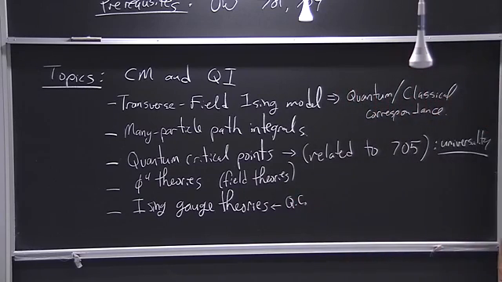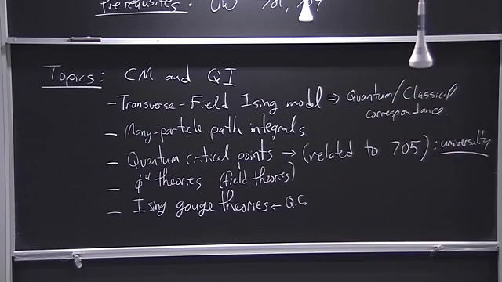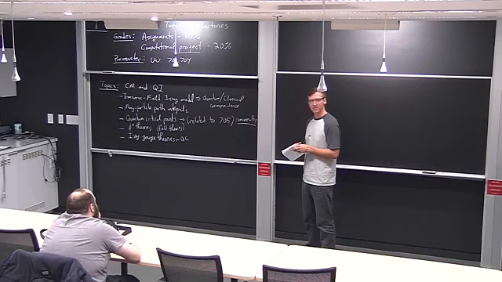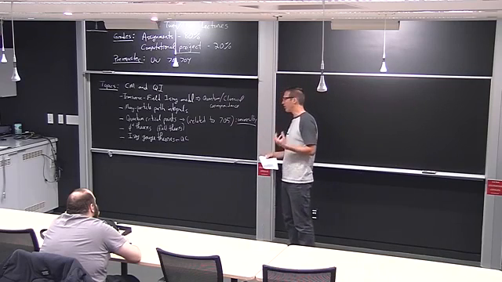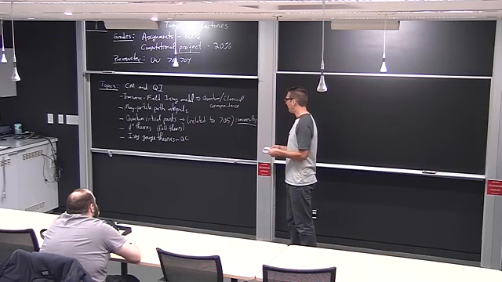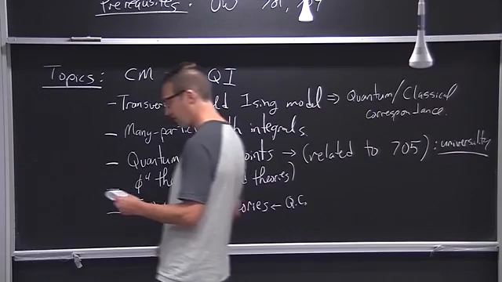And I think it's a topic of current interest because, as you may or may not know, there are several efforts around the world to build topologically stable quantum bits, essentially. And these Ising gauge theories are the most toy or the most basic model that we can relate to this type of effort.